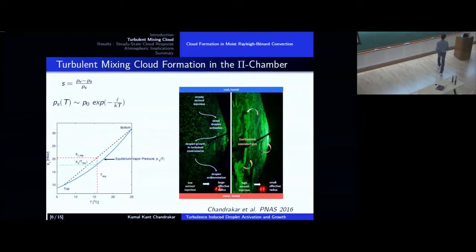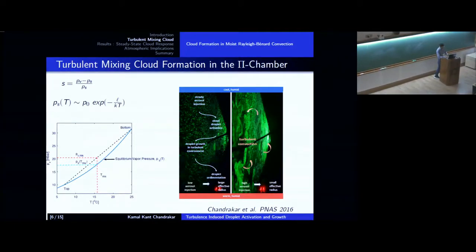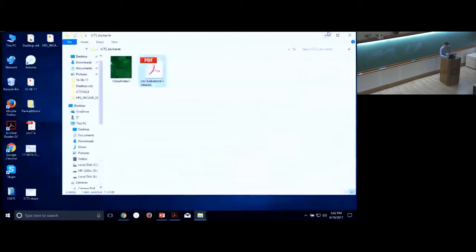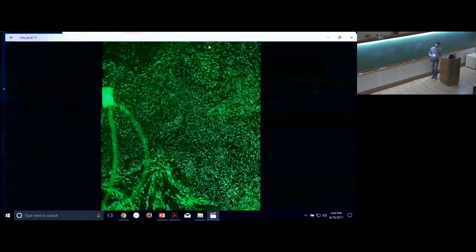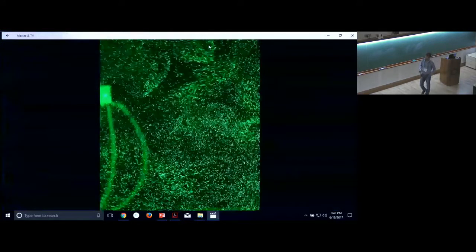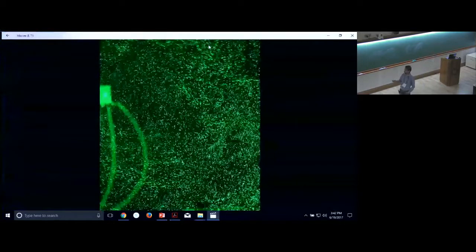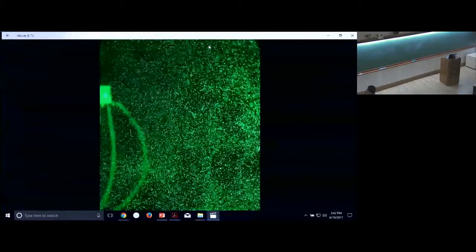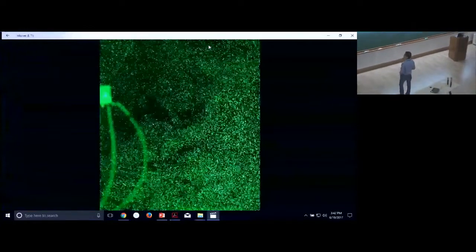So I'll show one video of the turbulent cloud. This is the video of the turbulent droplet field taken at 90 degrees from the laser sheet, and you can see those nice turbulent structures and the droplets moving in this turbulent flow field.